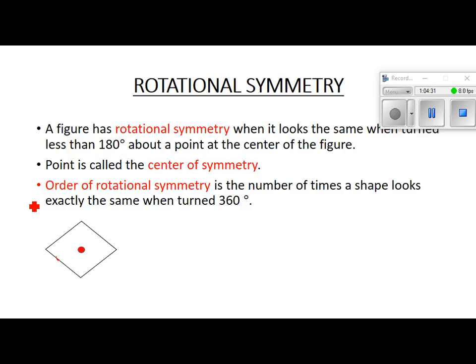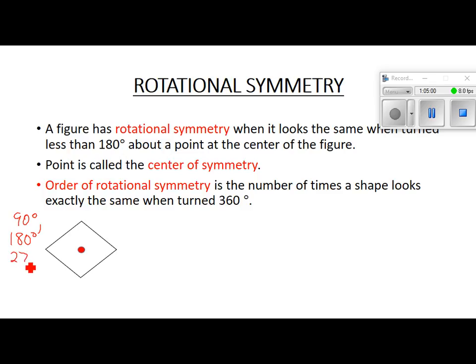Now, when we do turn this, the book's going to want you to do this. When you turn this, how many degrees do you turn it when it first looks exactly the same? 90. So they're going to want those numbers. 90 degrees. When did it look the same again? 180. Then at what turn did it look the same again? 270.